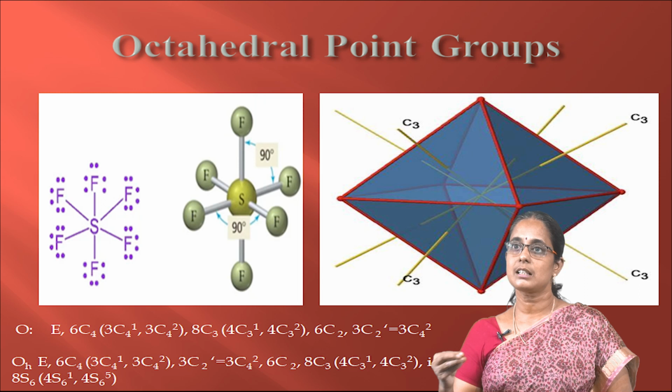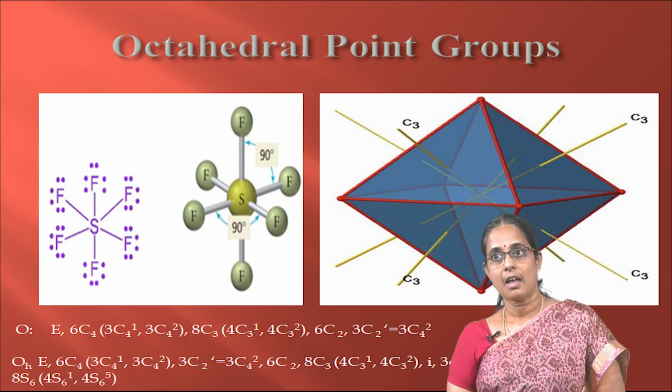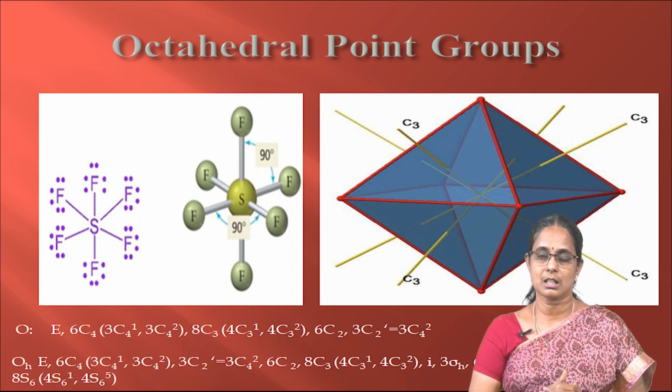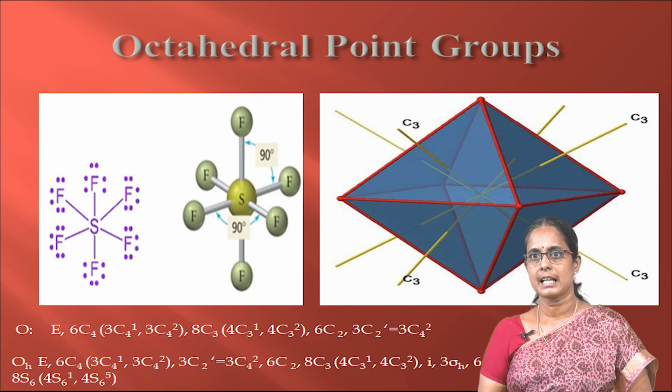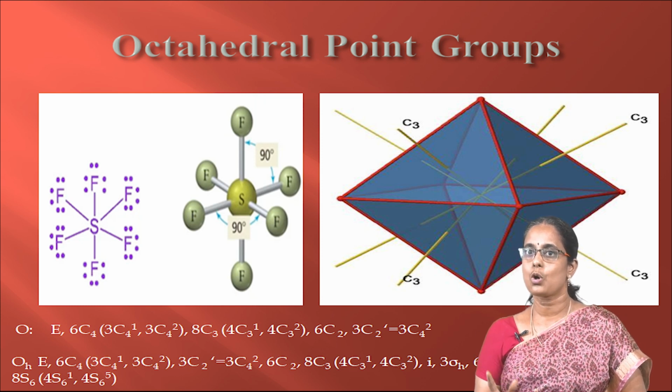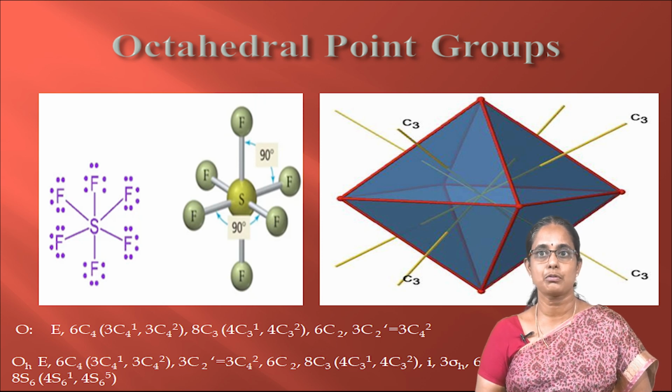Additionally, octahedral point groups have multiple C4 axes when compared to the tetrahedral groups. When a group contains only rotational axes, it is labeled as the O group, and the order of this group is 24.